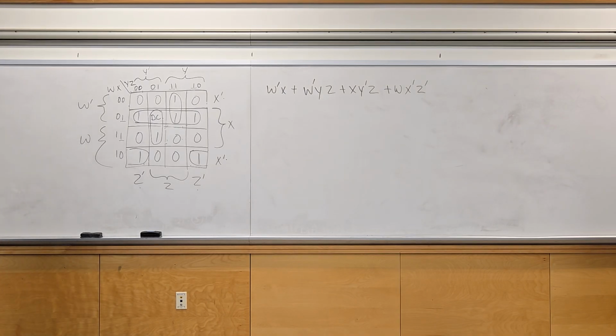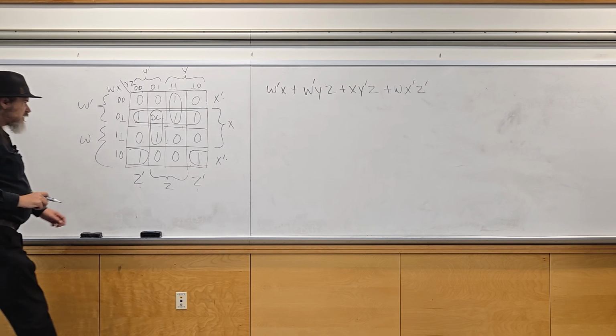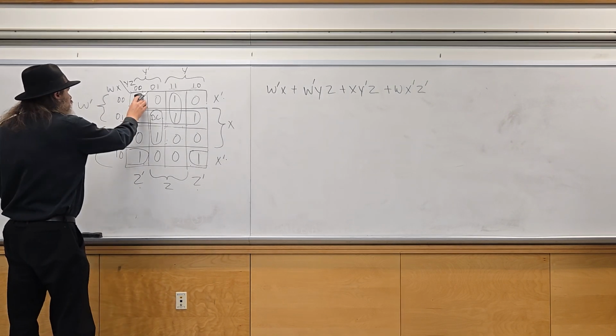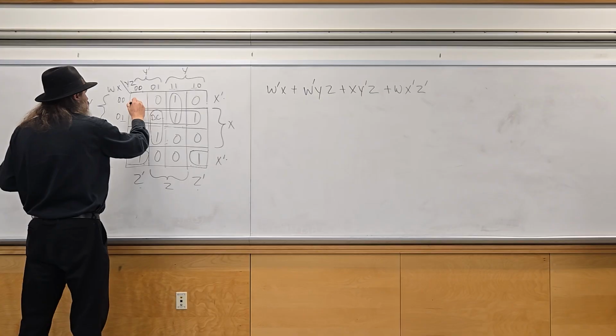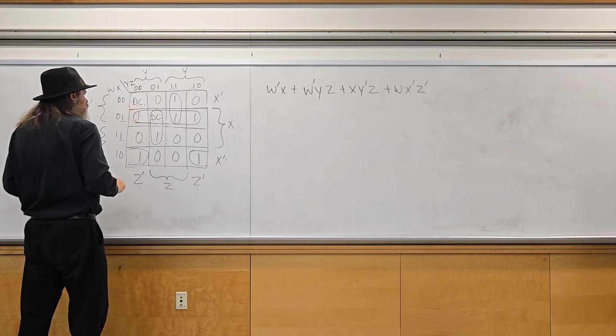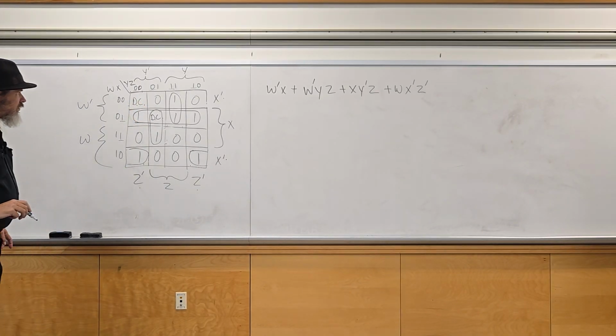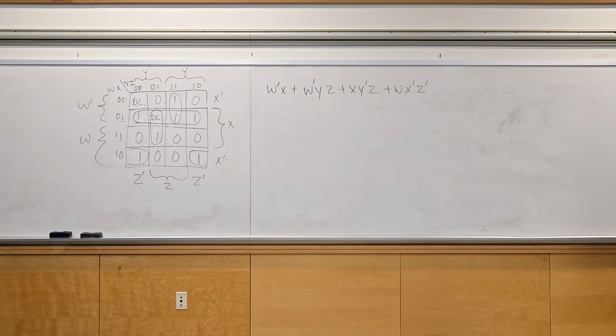Say, and this wouldn't change anything, but say this was a don't care as well. Yeah, you can consider that a 0 and that a 1. It doesn't matter. You choose the value for the don't cares that's most convenient for you.